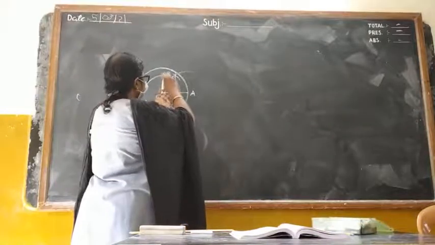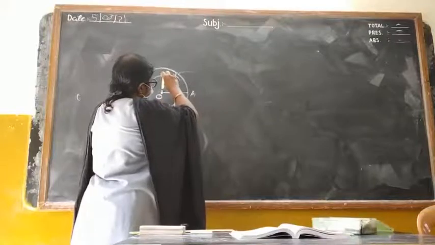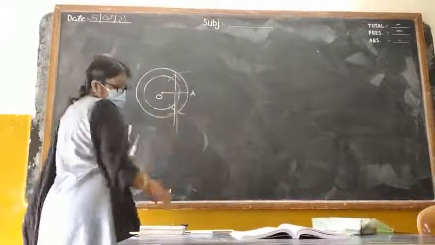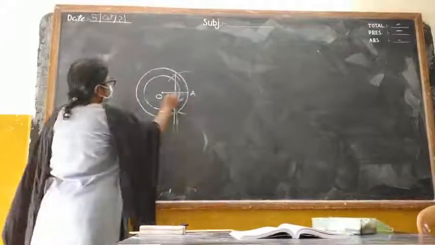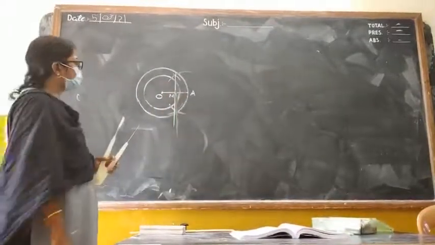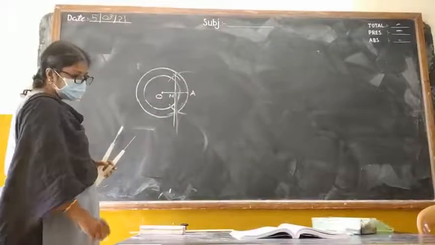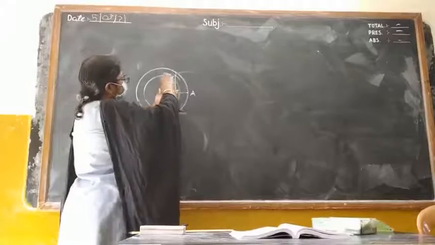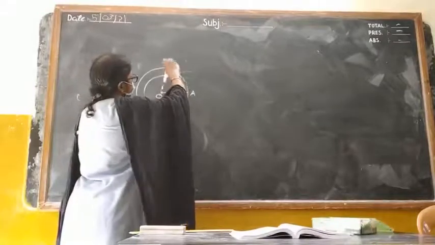Now, this point you may mark that one M, that perpendicular bisector where we have drawn. That is at M. So OM as radius. Draw the circle.